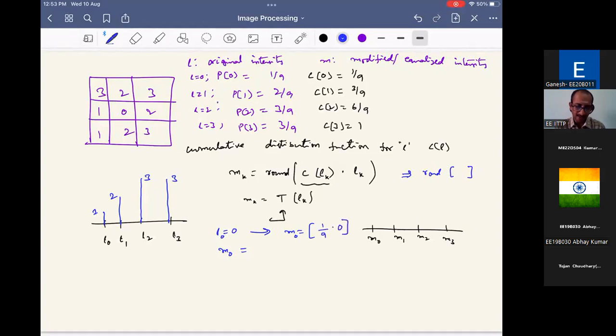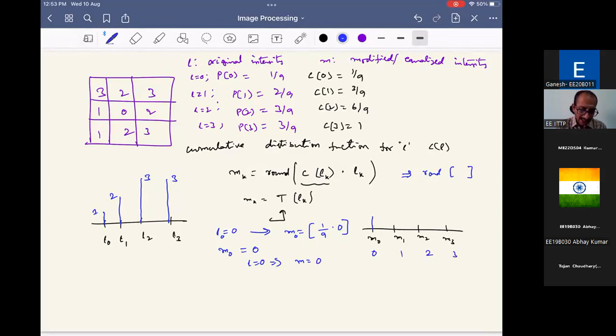How much is this? M0 equals how much? 0. That means L equal to 0 implies that M equal to 0 after transformation. That means all the 0 pixels here get mapped to 0. M equal to 0, 1, 2, and 3.